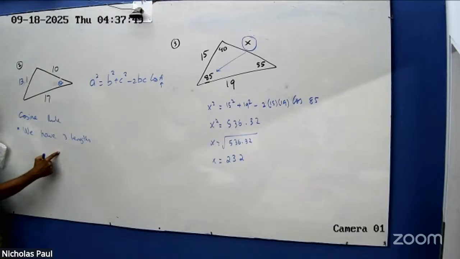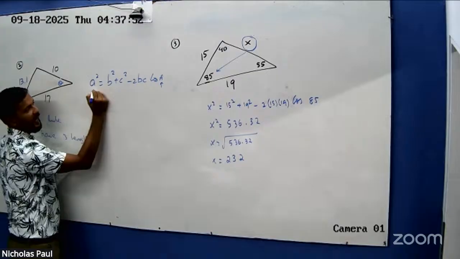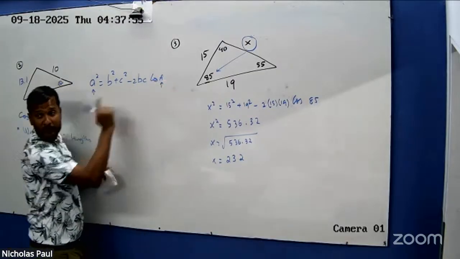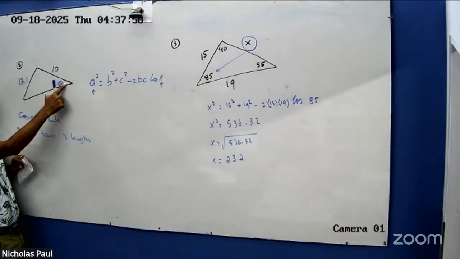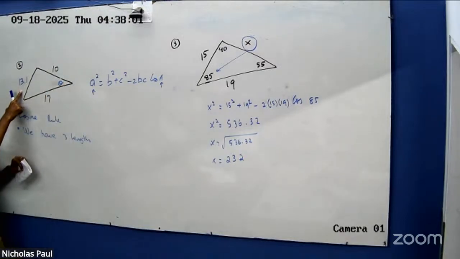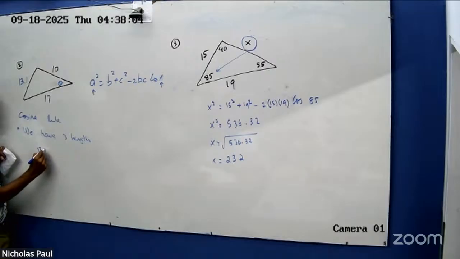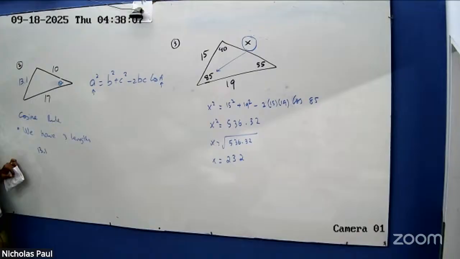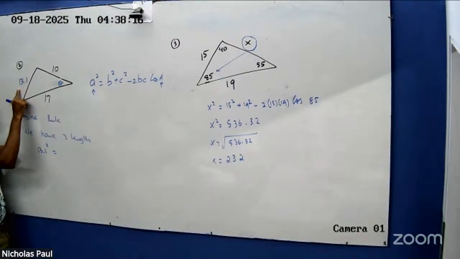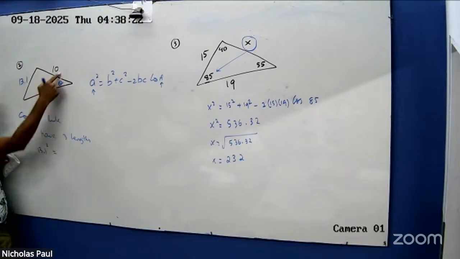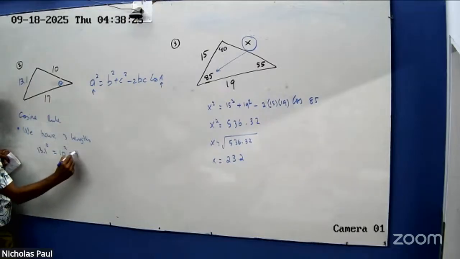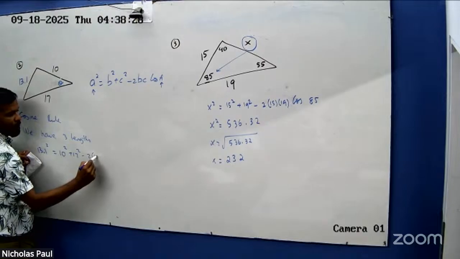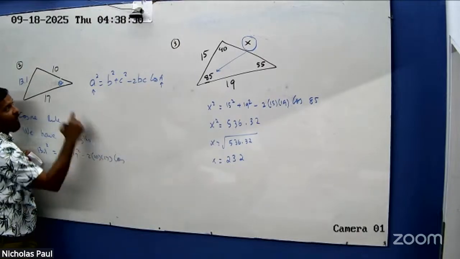In this case, the formula is length opposite the angle. So I want to find the opposite length, which will be 13.1. So 13.1 squared goes on the outside, because I want to find the opposite angle. So 13.1 squared is equal to 10 squared plus 17 squared minus 2 by 10 by 17 cosine of the angle I am trying to find.